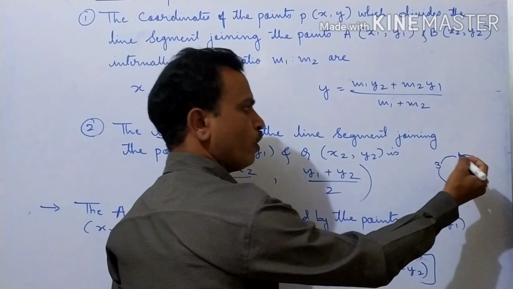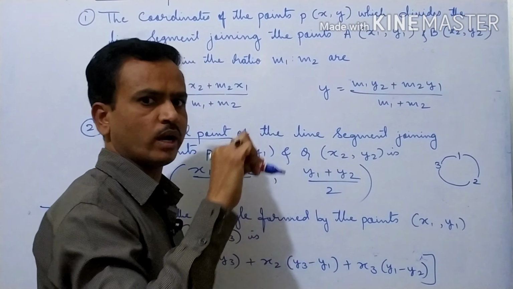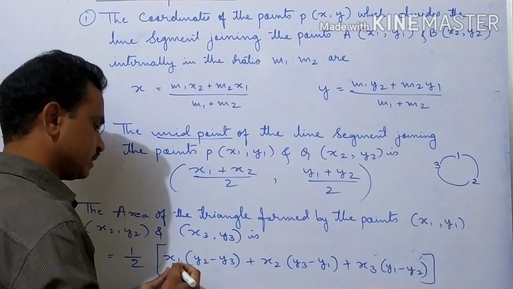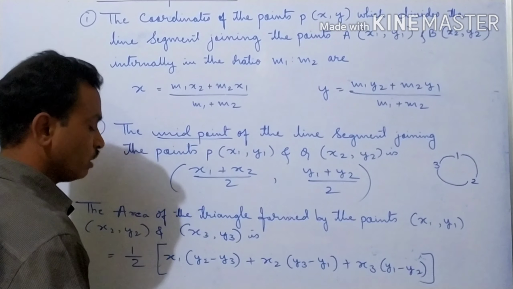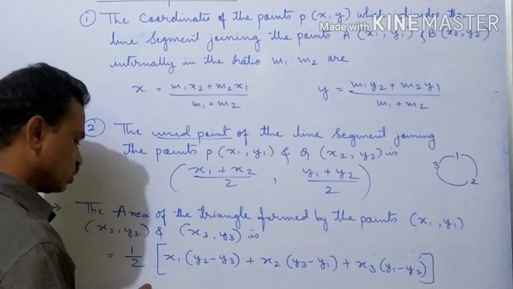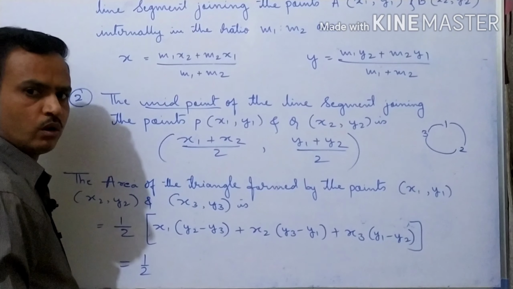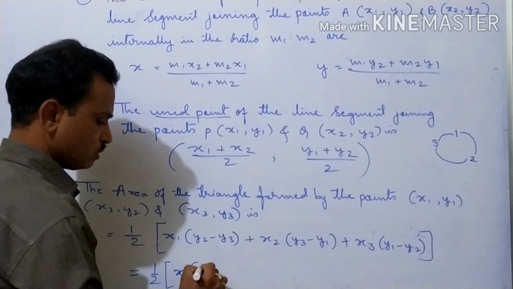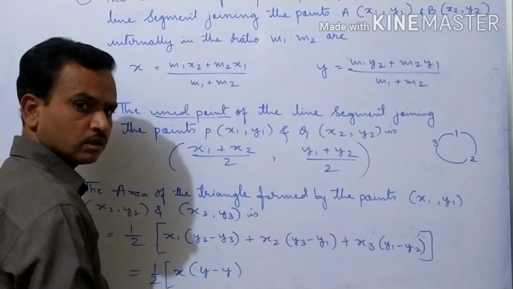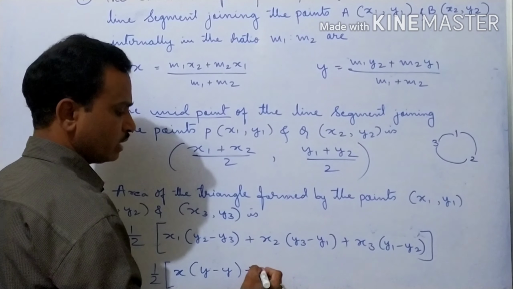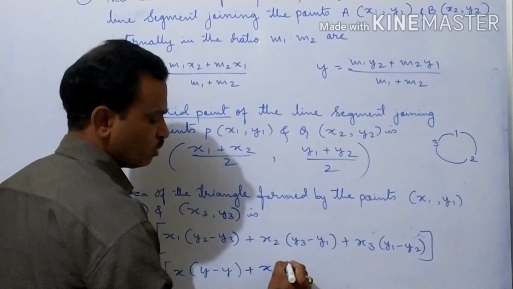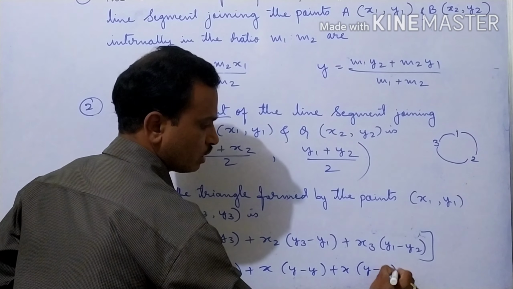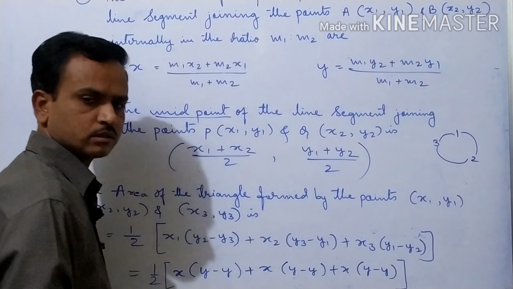There are 3 vertices in the triangle. So first you write 1 by 2, then square bracket, first you write x, then bracket, y minus y, close this bracket, then plus again x, then y minus y, then plus x, again y minus y, close this bracket, then close the square bracket.